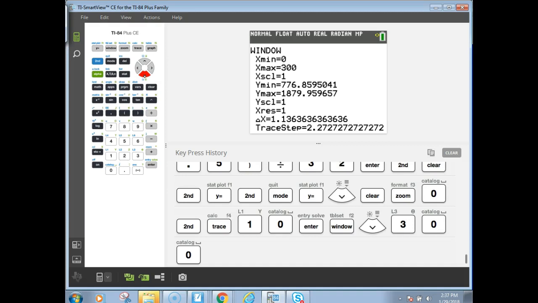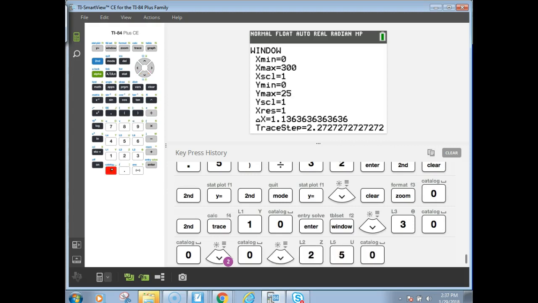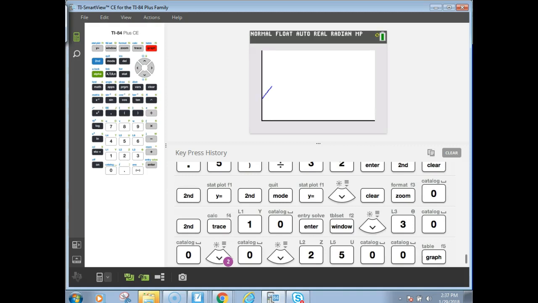Leave the scale of 1, that doesn't matter. Put in for y's 0, and then it says up to 2500. Now hit graph. Can you see it better now? Yeah. All right. Sorry, I forgot to do that.